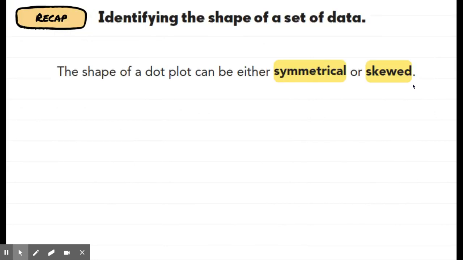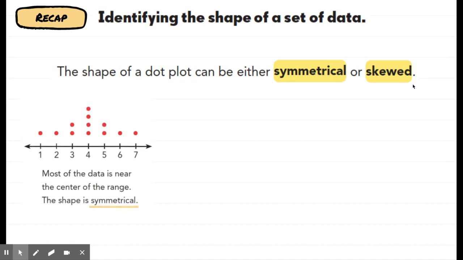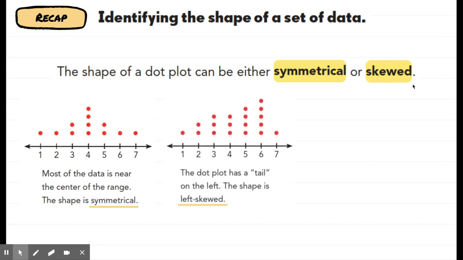We also have learned about the shape of a set of data, what we call the data distribution. The dot plot can be symmetrical or skewed. If most of the data is near the center of the range, then the shape is symmetrical. However, if it has a tail on the left, like this image, the shape is left skewed.